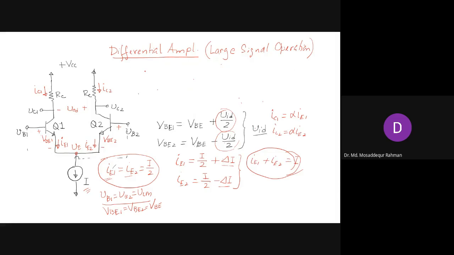The two collector voltages: VC1 we can write as VCC minus IC1 RC, and VC2 is VCC minus IC2 RC. Right? Then IC1 we have written here as alpha IE1.